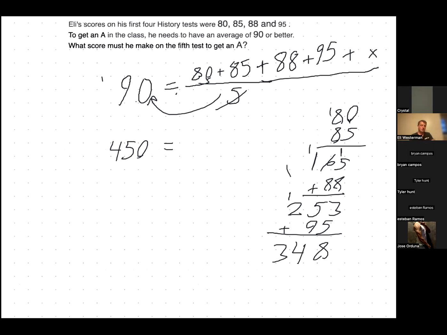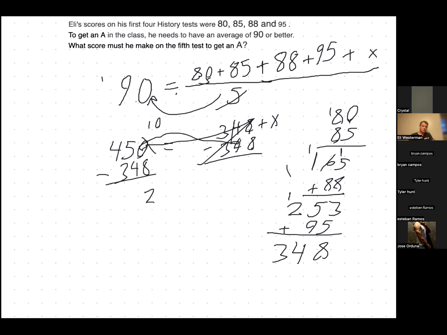So right now we have 348 plus X. So we need to subtract 348 from both sides, and we'll find out what X is, the one I need to score. Oh dear. Let me erase that.